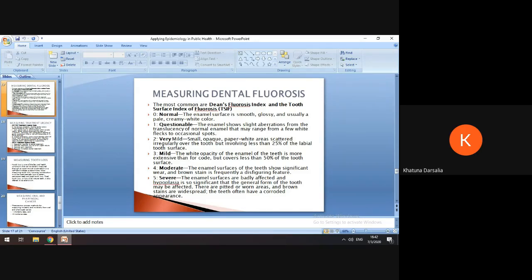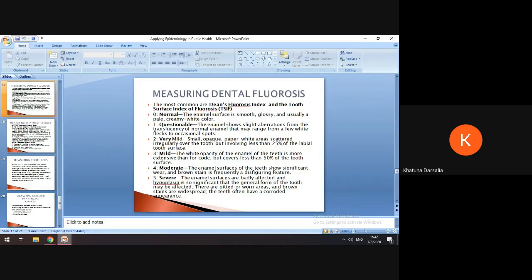And the tooth surface index of fluorosis gives a score for each tooth surface in the mouth, and the TSIF provides more comprehensive information on the amount and distribution of dental fluorosis for an individual.